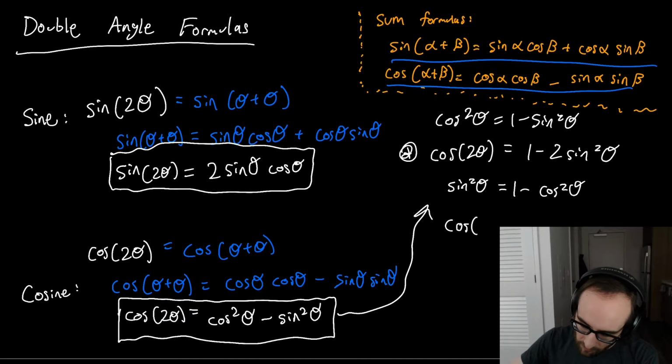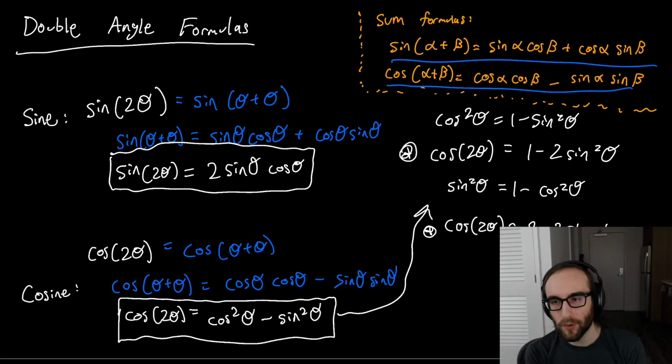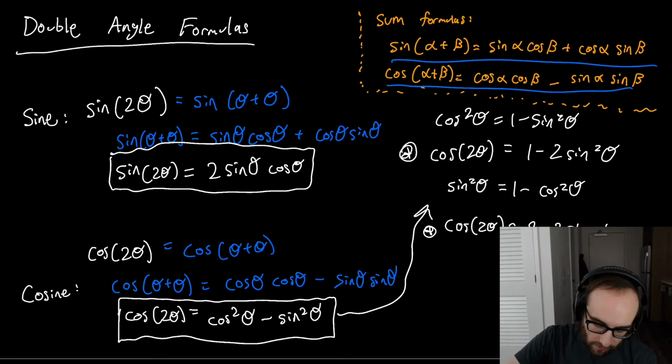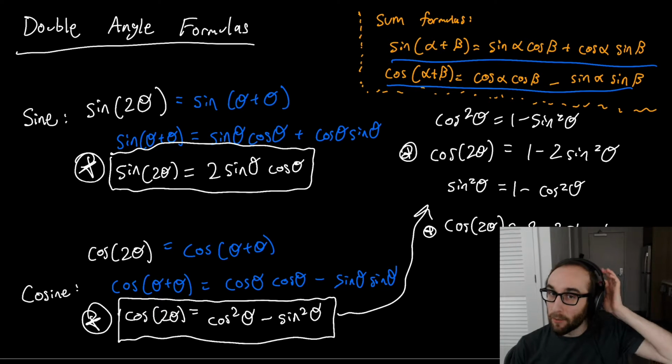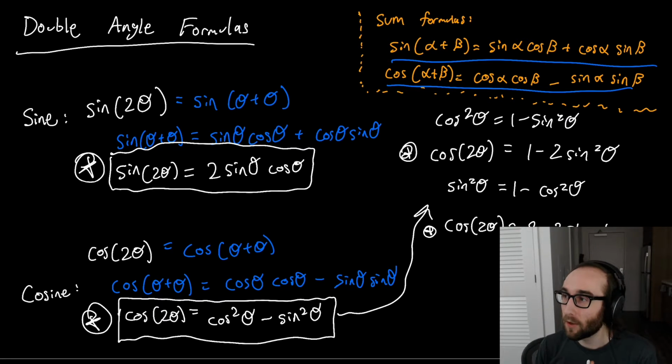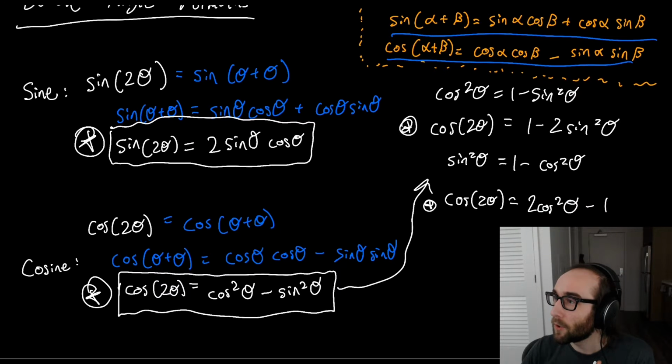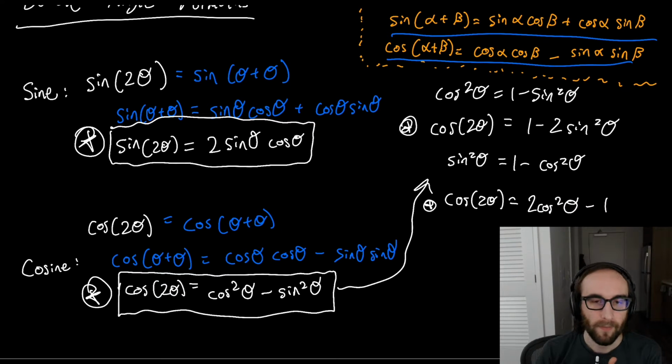So this form looks like cosine of 2 theta is equal to 2 cosine squared theta minus 1. So those are the 2 other forms. We're mainly going to focus on the sine 2 theta and cosine 2 theta forms that we first wrote down.